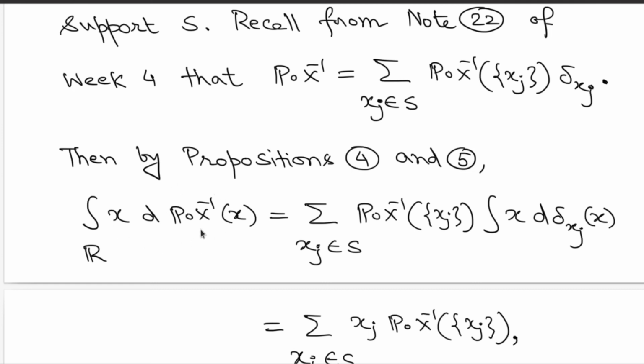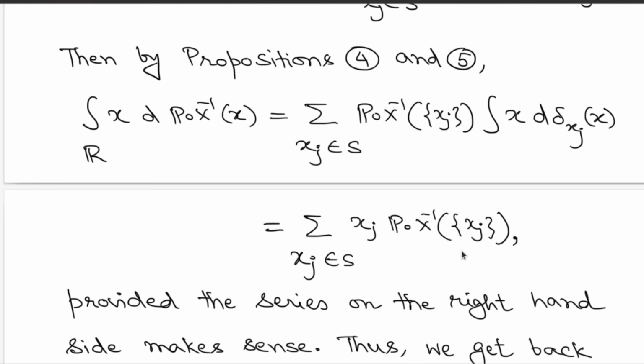But then you observe that p compose x inverse is nothing but a convex linear combination of the Dirac masses. So therefore you first bring out that summation and then bring out the corresponding scalars. These are all non-negative scalars, positive scalars, because jumps are non-trivial jumps, and then all you have to do is to integrate this identity function with respect to the Dirac mass. So these are all the things that you are using to get back your familiar expression that you had seen in your basic probability courses.